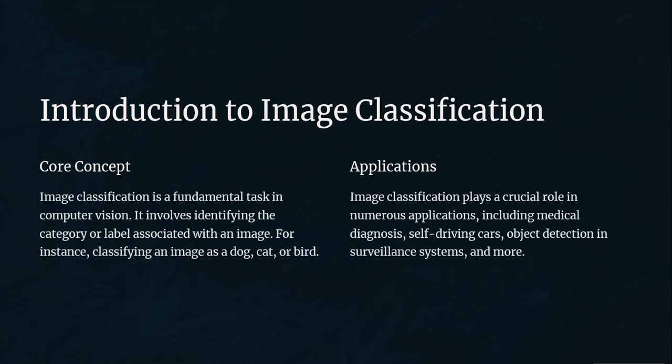Now, introduction to image classification: there are two parts, core concept and application. Core concept: image classification is a fundamental task in computer vision. It involves identifying the category or label associated with an image, for instance classifying an image as a dog, cat, or bird.